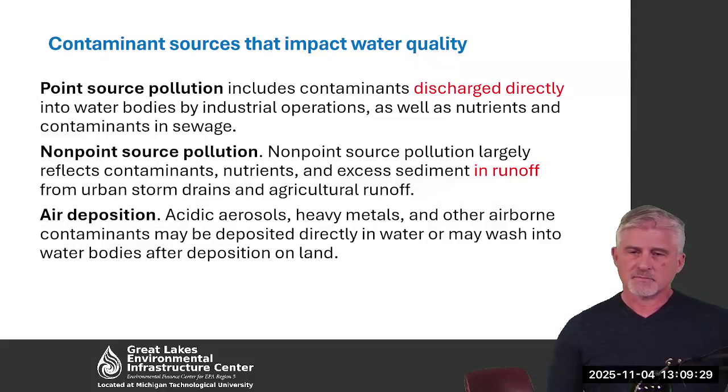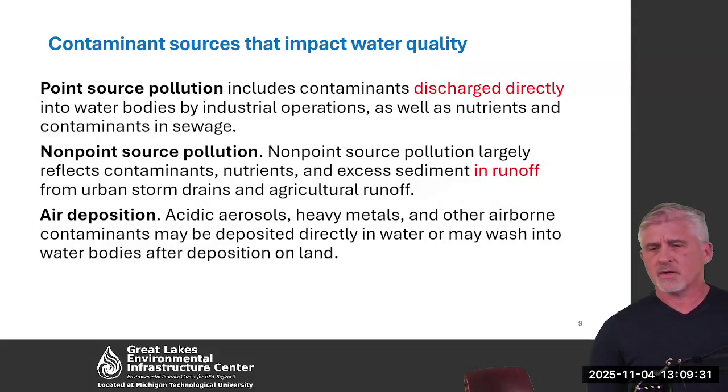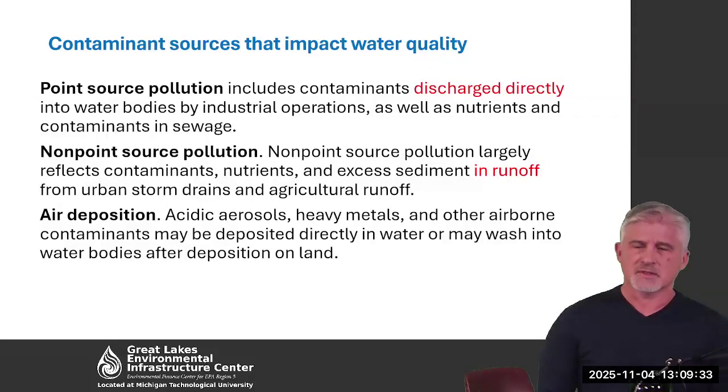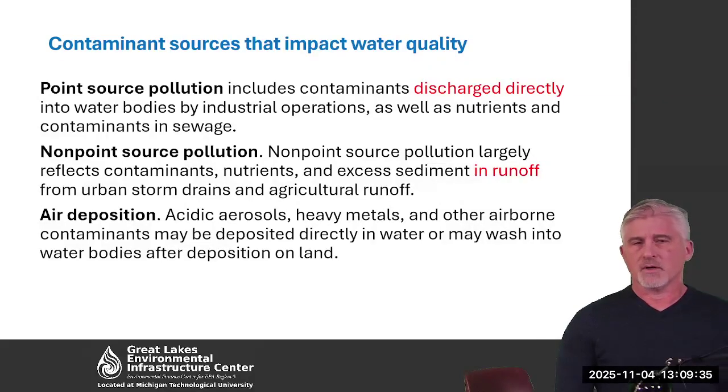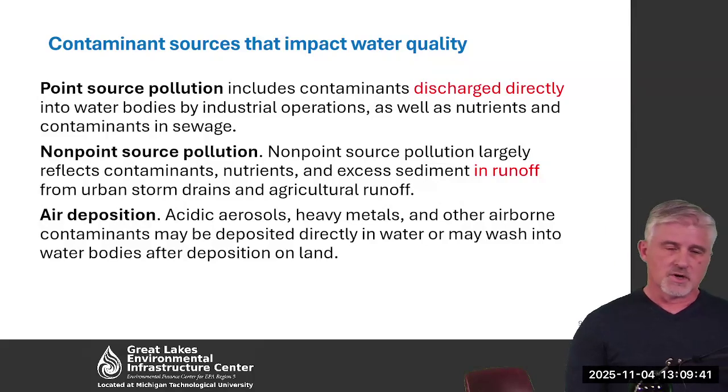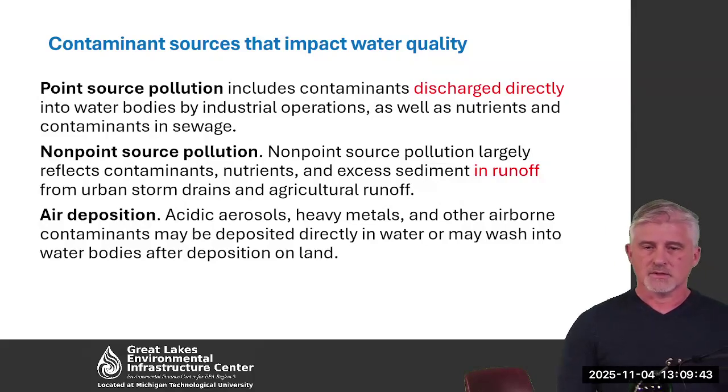And then the third type we consider is air deposition, and that can be either something falls out of the air and lands on the ground, and then water runs across it and it ends up in the source water, or it can be something like, back in the 80s and early 90s, we used to talk quite a bit about acid rain.